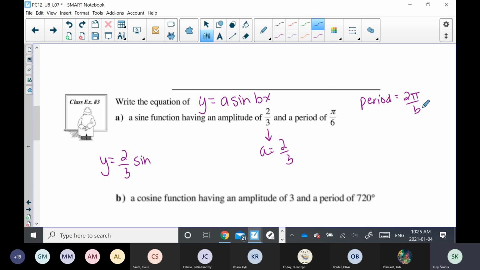If I say, well, how can we calculate this b value? If I say, let's isolate b, the formula for b is you simply just interchange those two. So the formula, or how you get b, it's going to be 2 pi divided by the period. Okay, so the b value, the period is pi over 6.